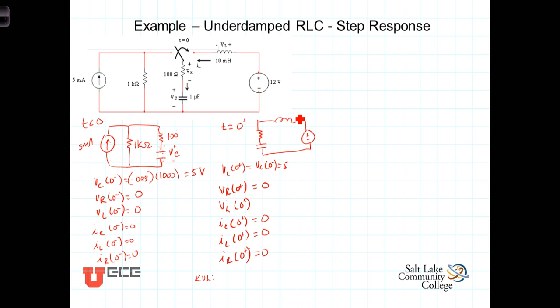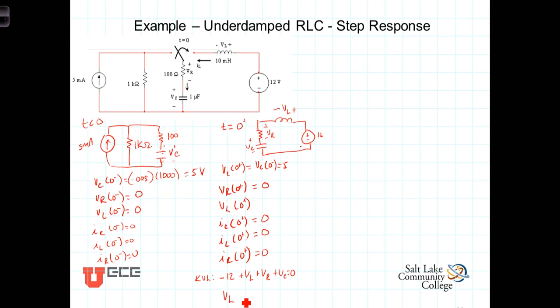Minus to plus V sub L, plus to minus V sub R, and plus to minus V sub C. So, doing a KVL, this is plus to minus 12 volts like that. Starting here and going around in this direction, we'll have negative 12 plus V sub L plus V sub R plus V sub C must equal 0.